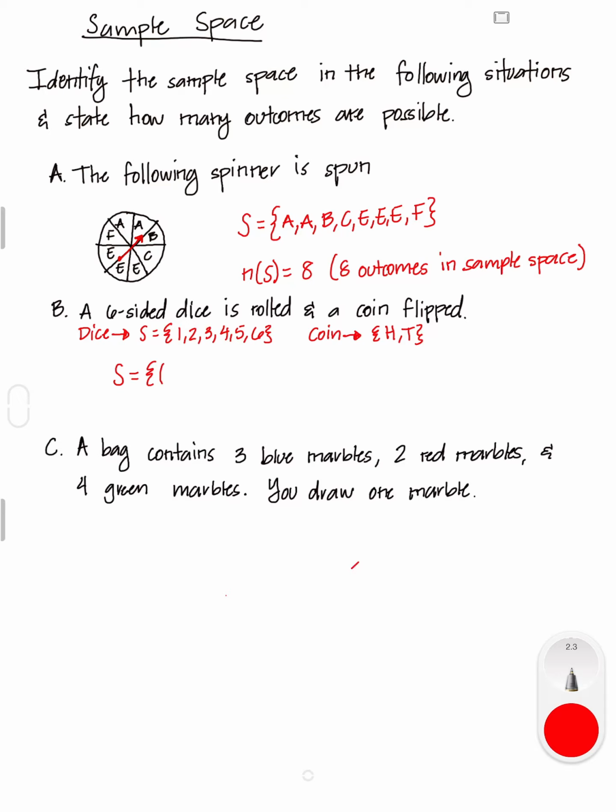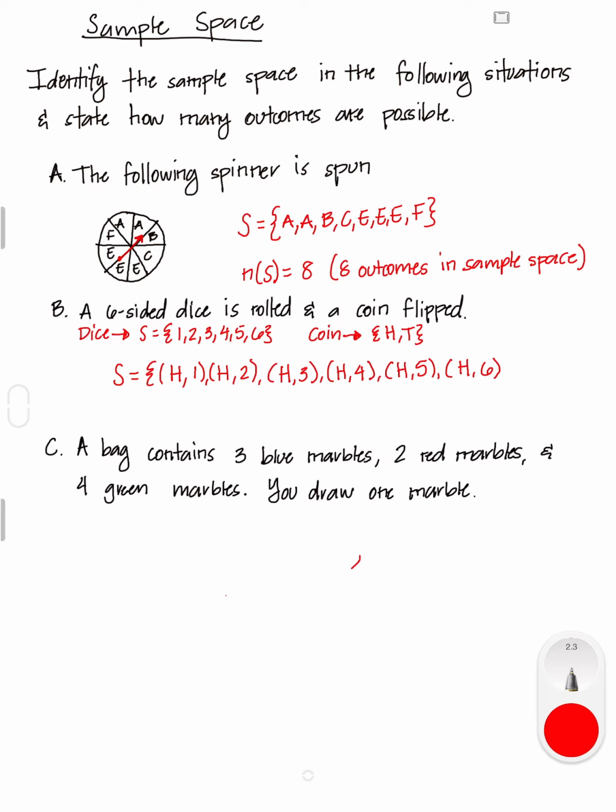So for instance, maybe in the coin we got heads, and then for the dice we got 1. Or maybe we got heads and then a 2. Or heads and 3. Or heads and 4. Or heads and a 5. Or maybe heads and a 6.